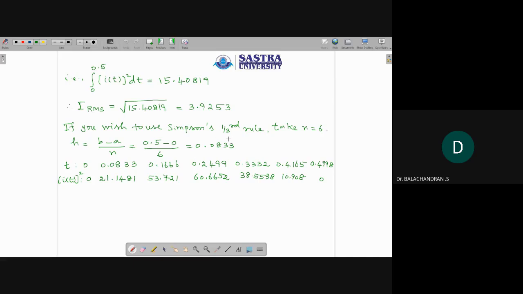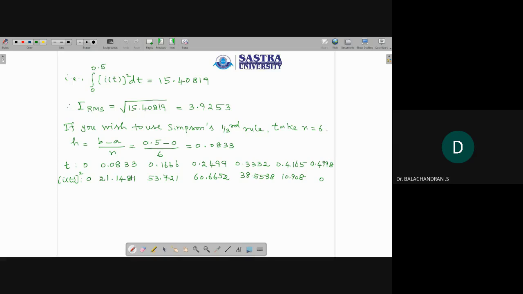Using this h, you should form the table: 0, 0.0833 and so on. But the last value is 0.5, that is half. Before that I have 0.4998. If I add the h value again, it will exceed 0.5, so that's why I'll stop here.